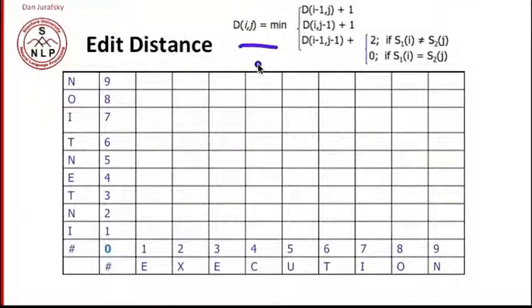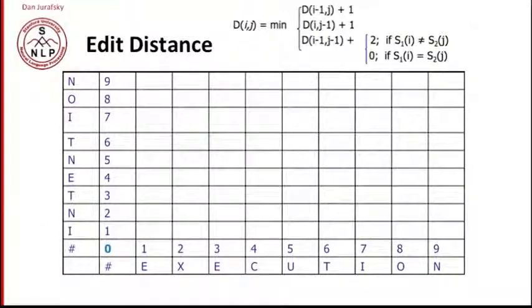So we want to know what's the distance between the null string of intention and the null string of execution, obviously 0. The distance from the string i to the string nothing is the cost of deleting an i. That's 1. So now let's try to compute what's the cost of converting in to e. Well, intuitively, we expect it's going to be a deletion and a substitution. So let's see if that works out.